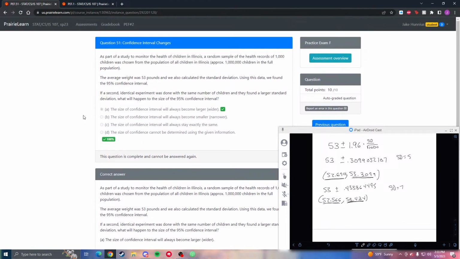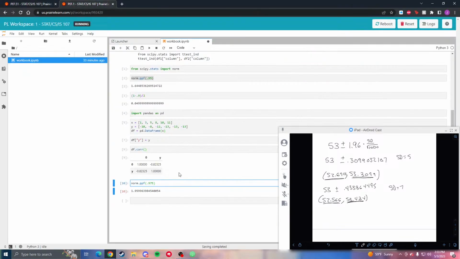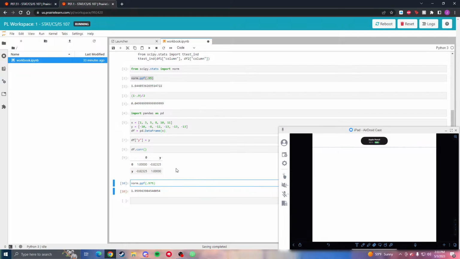So for a 95% confidence interval, you're saying with 95% confidence that the true mean is going to be within two ranges, right?